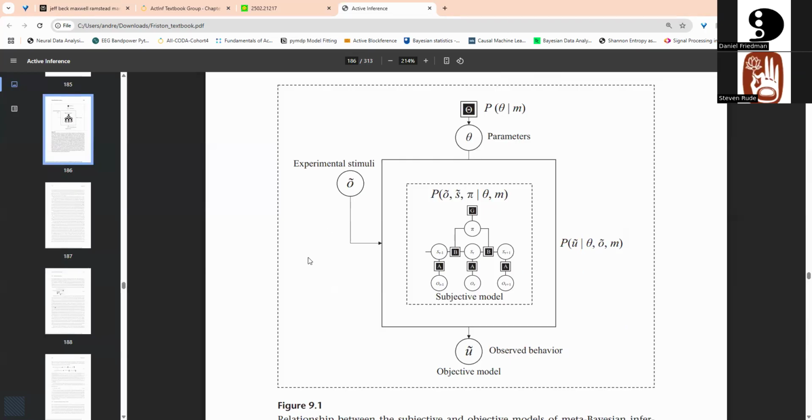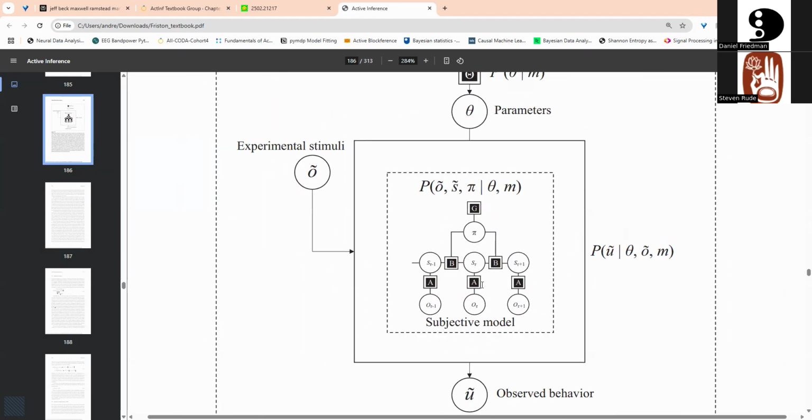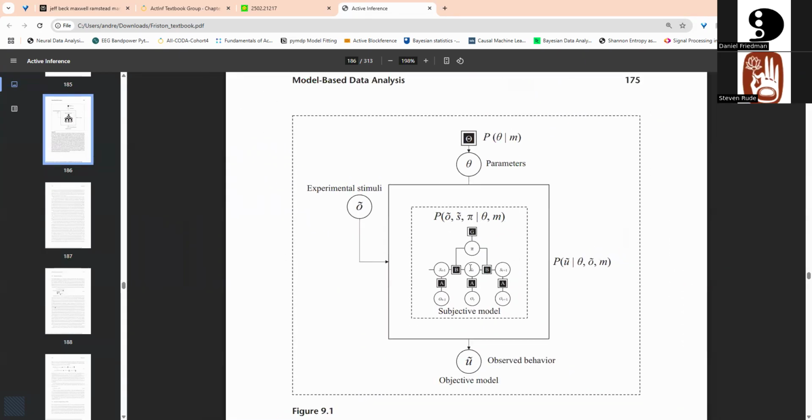Figure 9.1 has always been kind of fun. This is a POMDP model, which is just a discrete state space model, which you could use.